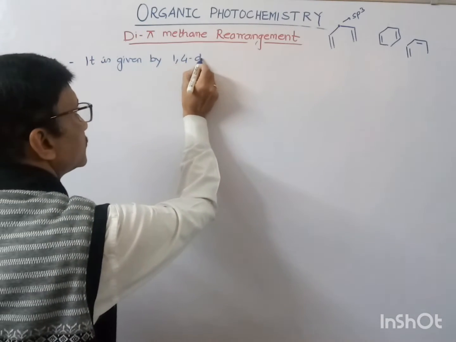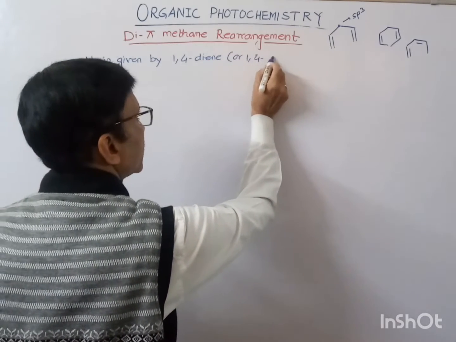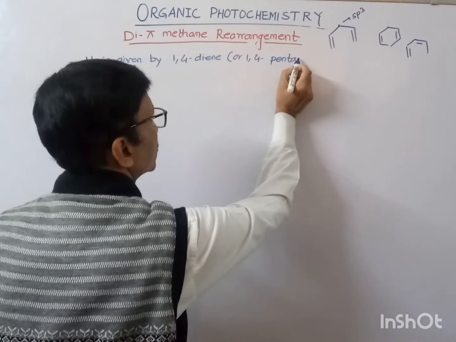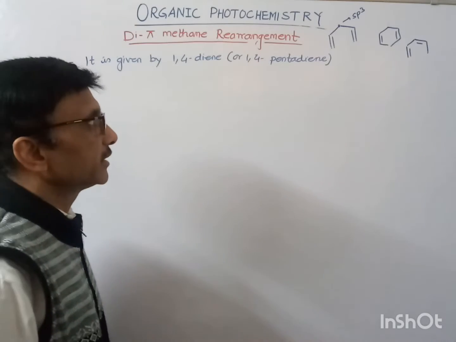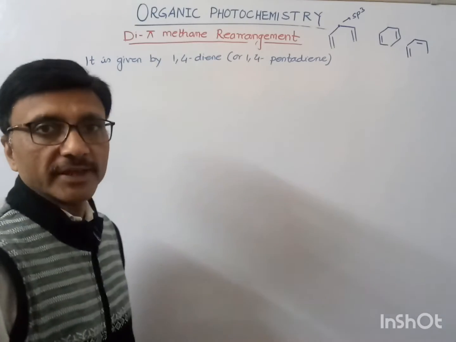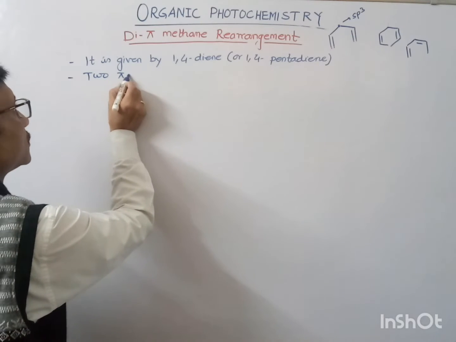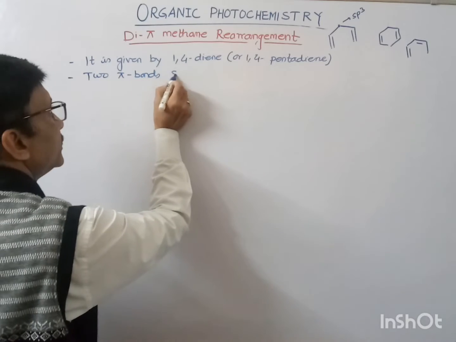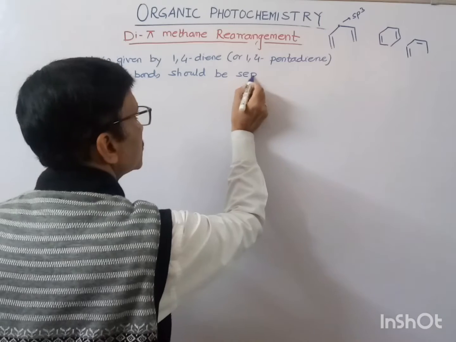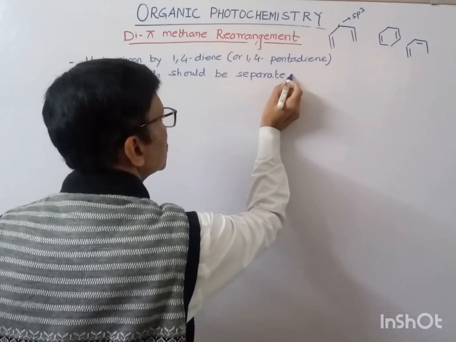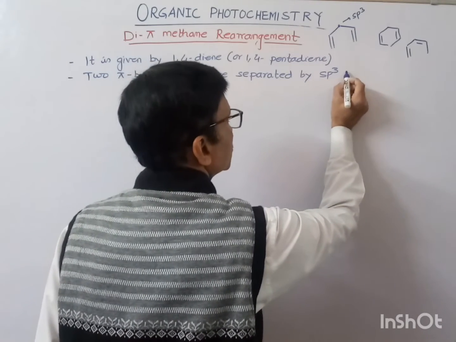It is given by 1,4-dienes, or we can say 1,4-pentadiene, and it may be substituted. So 1,4-substituted pentadienes give the di-pi methane rearrangement reaction. Here the two pi bonds should be separated by one sp3 hybridized carbon.